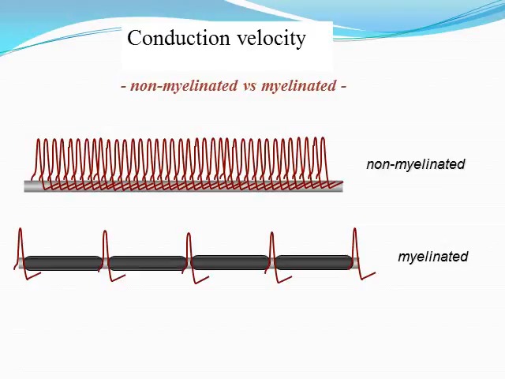Therefore, the energy that the oligodendrocytes or Schwann cells spend making and maintaining the myelin is useful in allowing that action potential to move down the axon quicker and more efficiently in myelinated neurons versus non-myelinated. You can imagine that if an axon's very short, then non-myelinated might be better because your body isn't going to use energy for the oligodendrocytes to myelinate it. But the longer the axon, the faster you want the signal to move, the more likely it is that it needs to be myelinated.